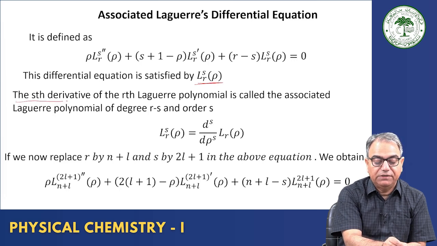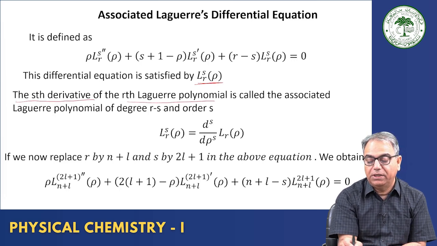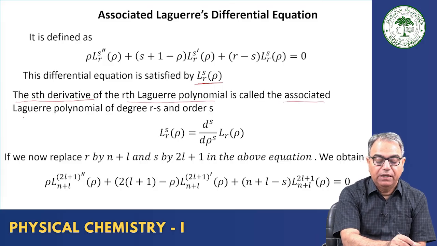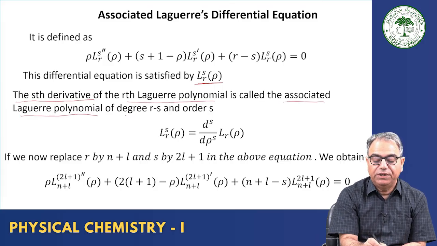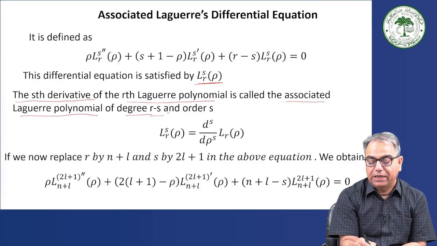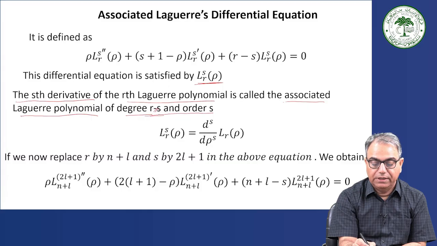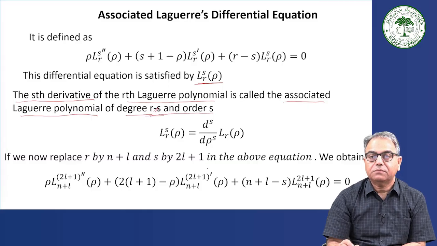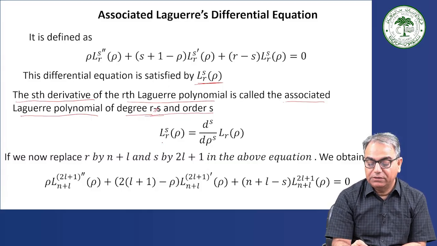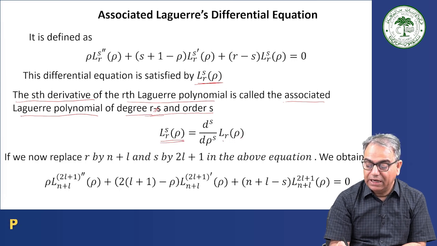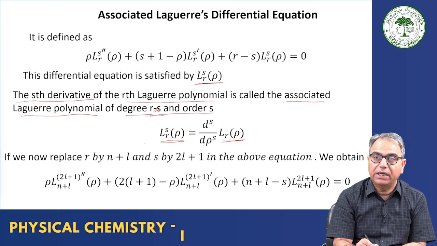The sth derivative of the rth Laguerre polynomial is called the associated Laguerre polynomial of degree R and order S. Okay. This associated Laguerre polynomial of degree R and order S is given as d^S/dρ^S of L_R(ρ), and again L_R(ρ) is the Laguerre polynomial. This is the associated Laguerre polynomial.